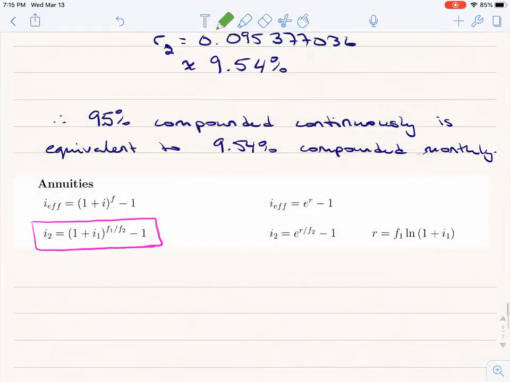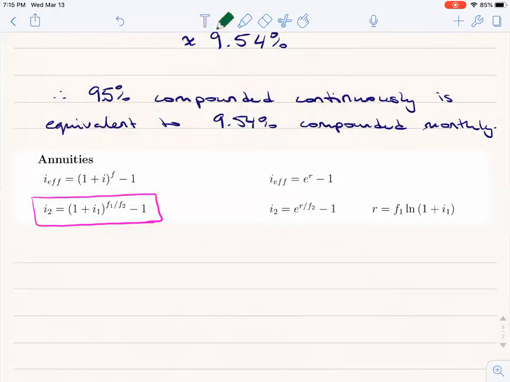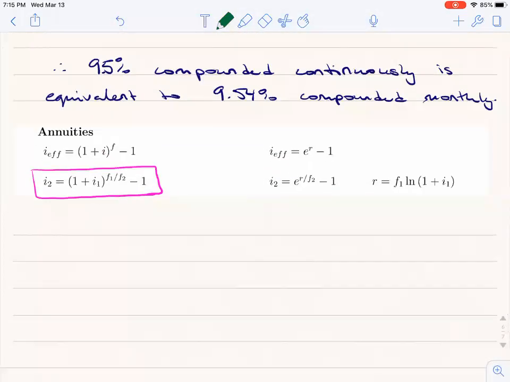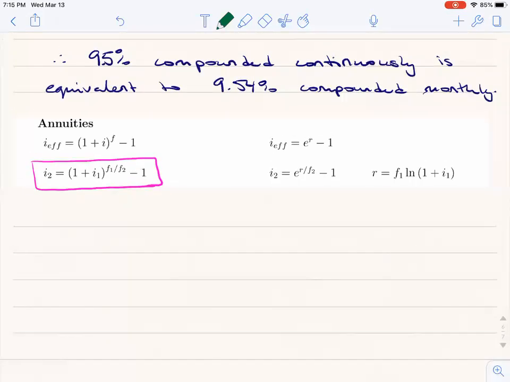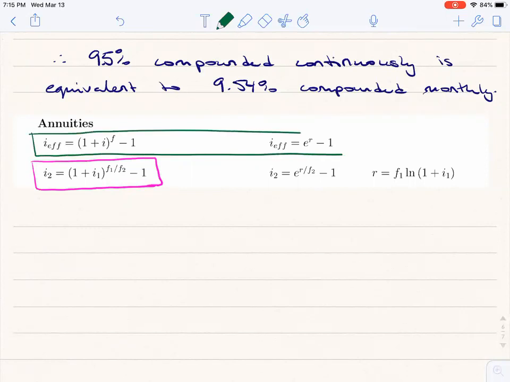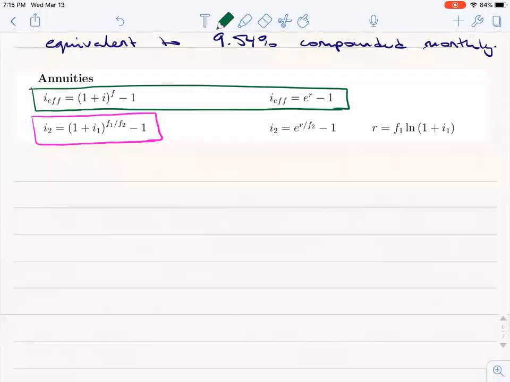I'll use a darker green there. These two, the effective rates, the effective rate is moving to F2 equal to 1 always.